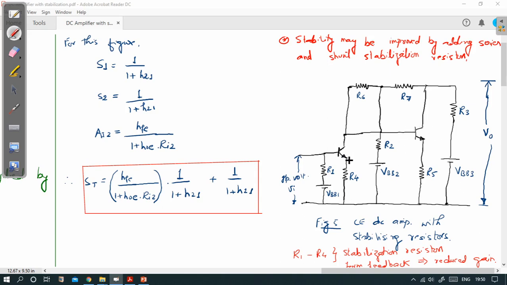Here they have added some extra resistors, R1, R2, R3, R4, not R4 actually, it should be R4 to R7.